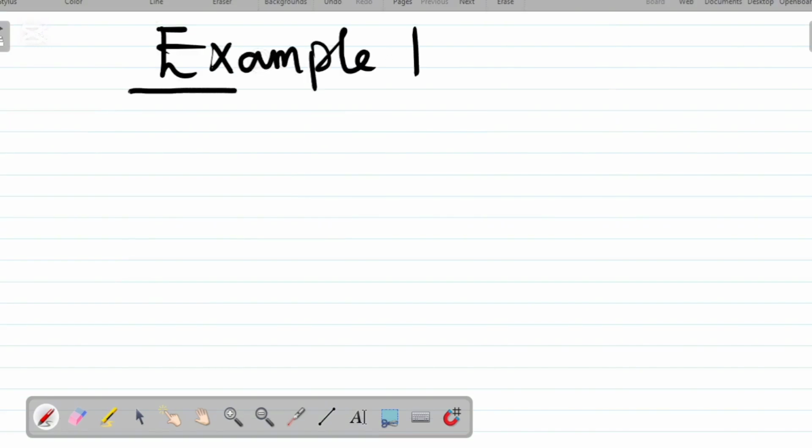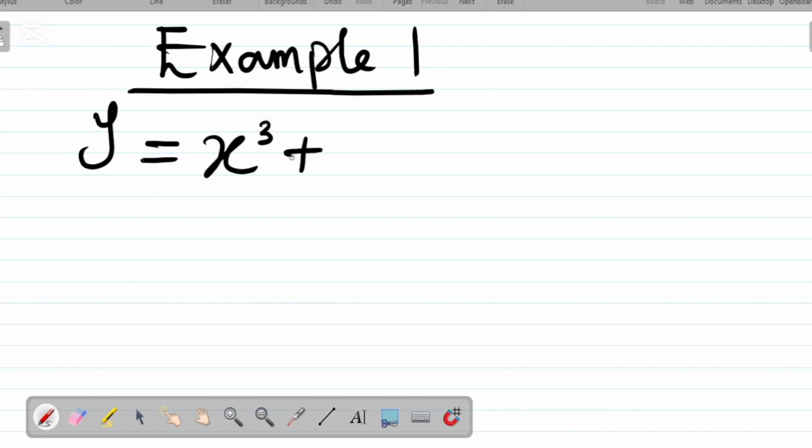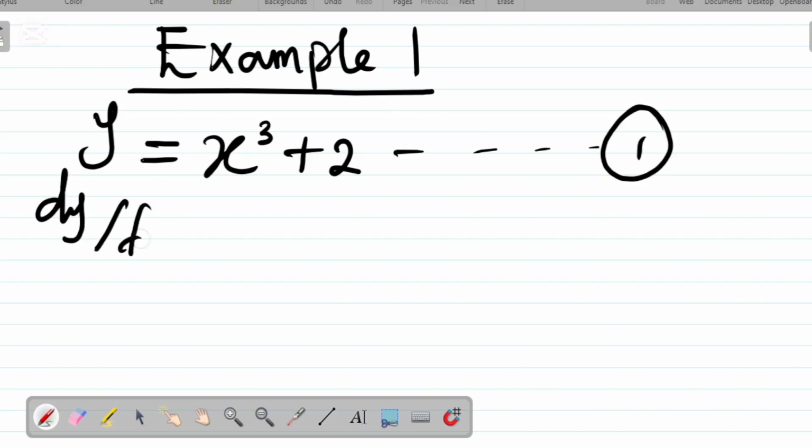Example 1. If y equals x raised to power 3 plus 2, let's call this equation 1. If you differentiate y with respect to x, dy all over dx equals, you multiply x by the power, which gives you 3x, and then subtract 1 from the power, which gives us 2.